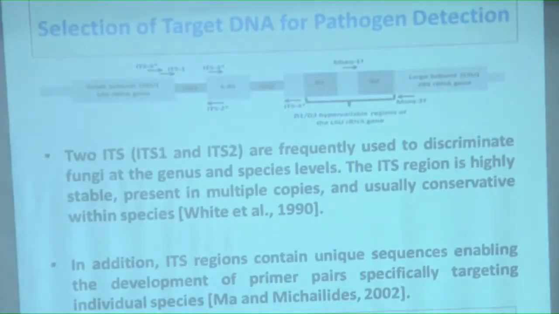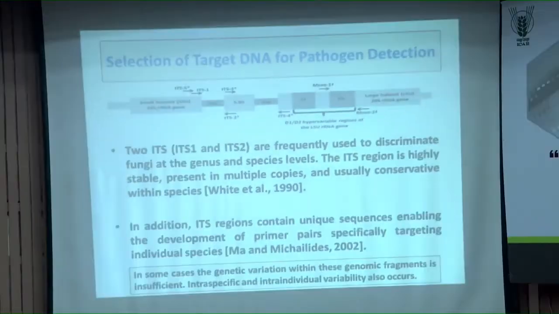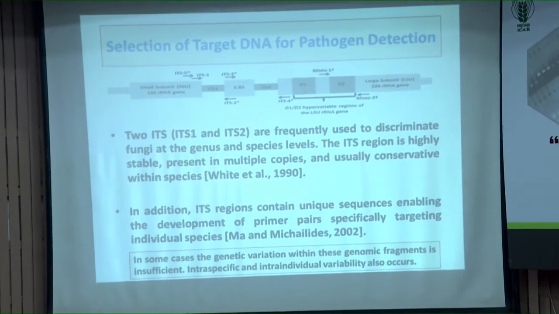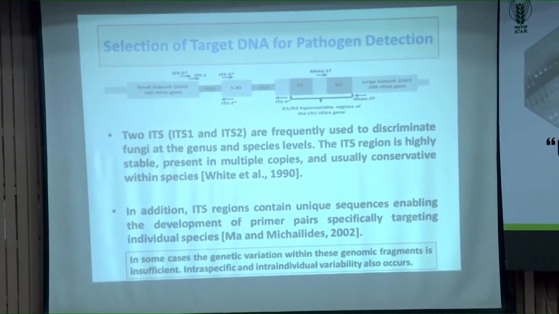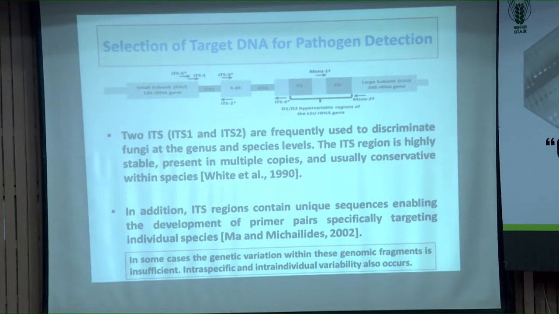Then, the selection of the genes: we can select conserved as well as specific types of genes. The ITS region, ITS1 and ITS2, has been used for development of molecular diagnostics for many fungal pathogens. In some cases the genetic variation within this genomic fragment is insufficient.